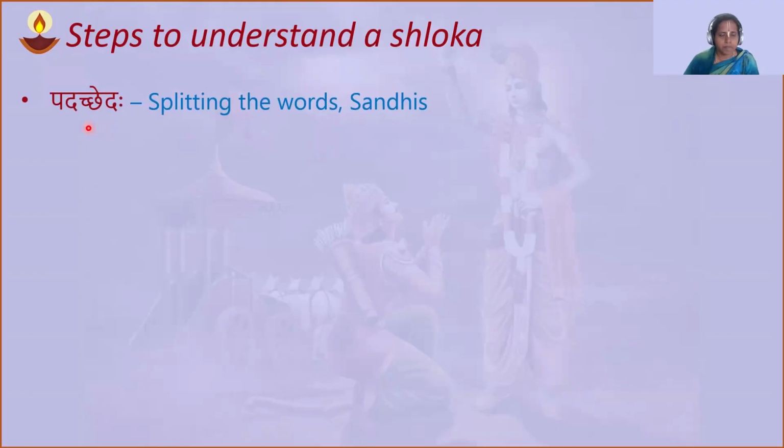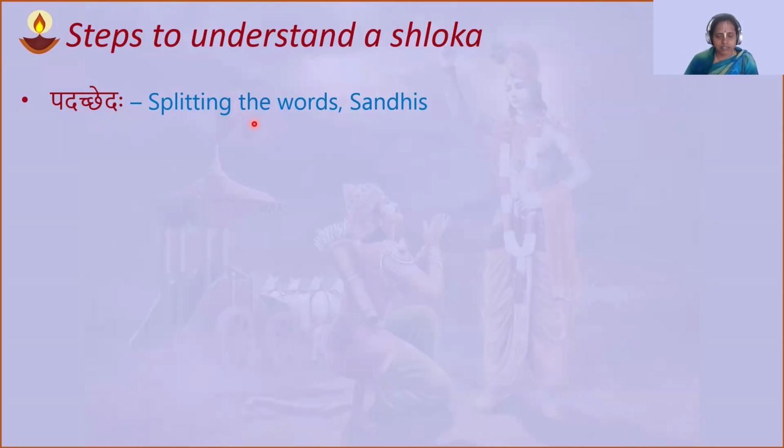The first step in understanding a Sanskrit shloka is called Padachedaha. Whoever knows how to read Hindi or Devanagari will be able to read this easily. There are two chas here, the Alpa Prana cha and Mahaprana cha. Pada means word, chedaha means splitting.